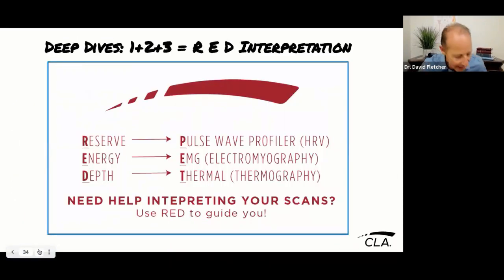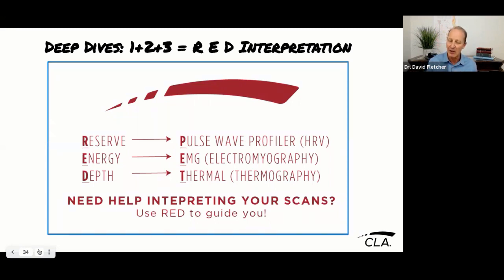So one of the things I love to do is lead ourselves into the next part of it. We set up a 3-part deep dive, primarily looking at what we call the RED sequence, R standing for reserve, and that's why we took a look at pulse wave profiling and the HRV as our starting point. We wanted to then look at energy and exhaustion that associates with the EMG. We've just finished this one.